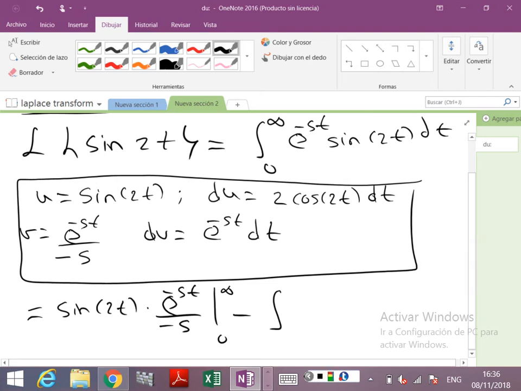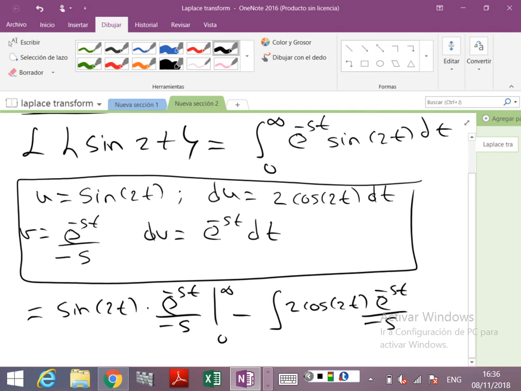So we write probably 2 cosine of 2t e to the minus st over minus s dt, right? That's v du. So please help me to check.